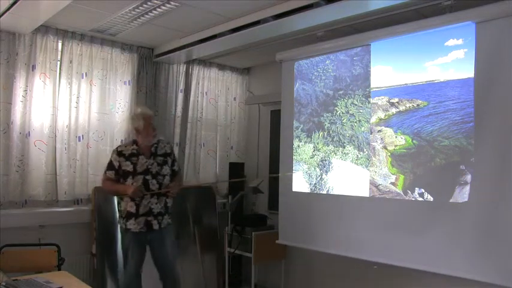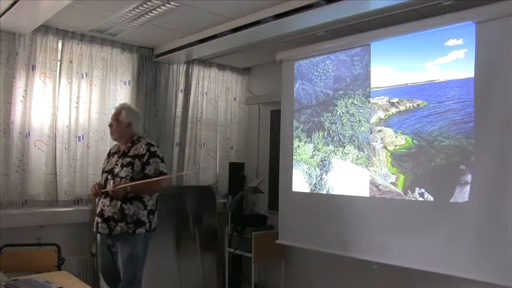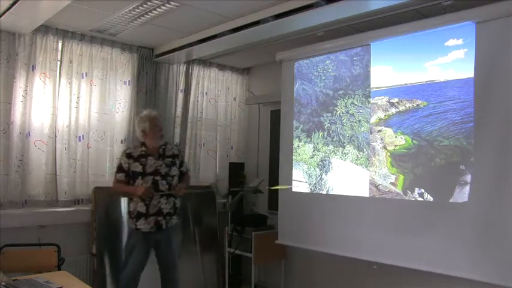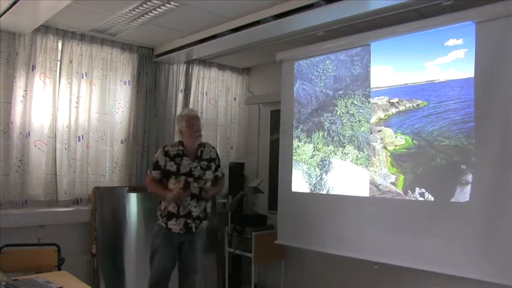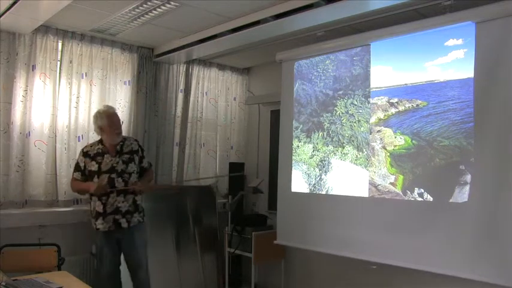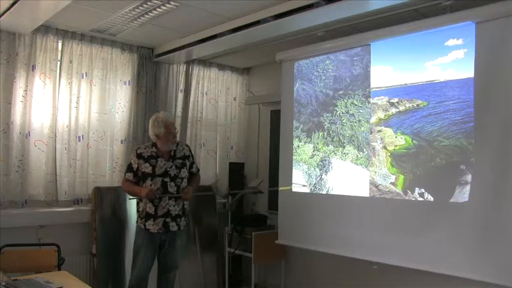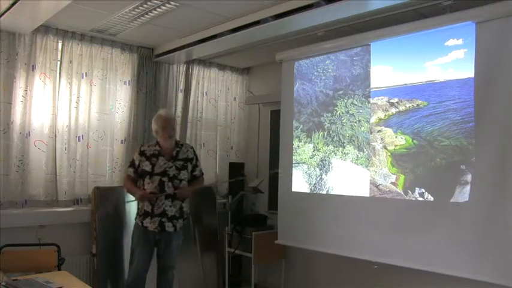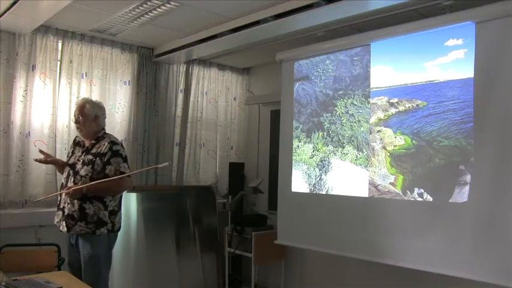If we stand on the seashore and look into the water on the Swedish west coast and compare it with how it looks on the Baltic Sea coast, on the Swedish west coast we see some interesting features. The species usually grow very close to the surface, even above the surface.